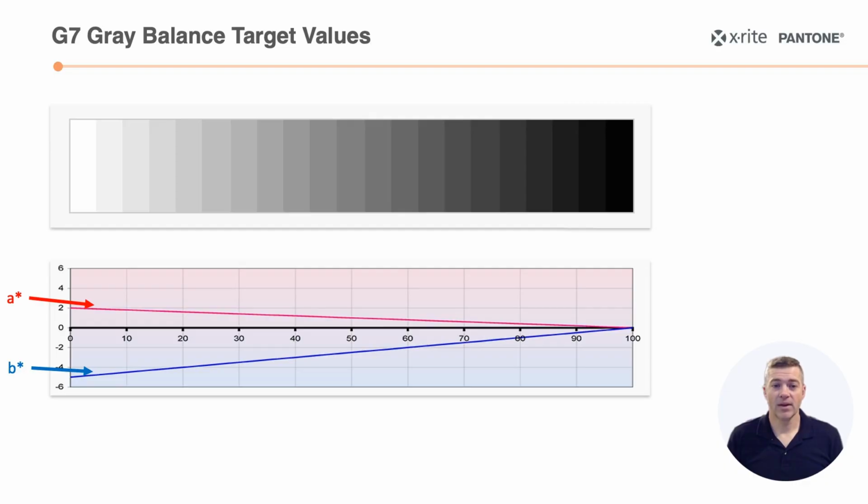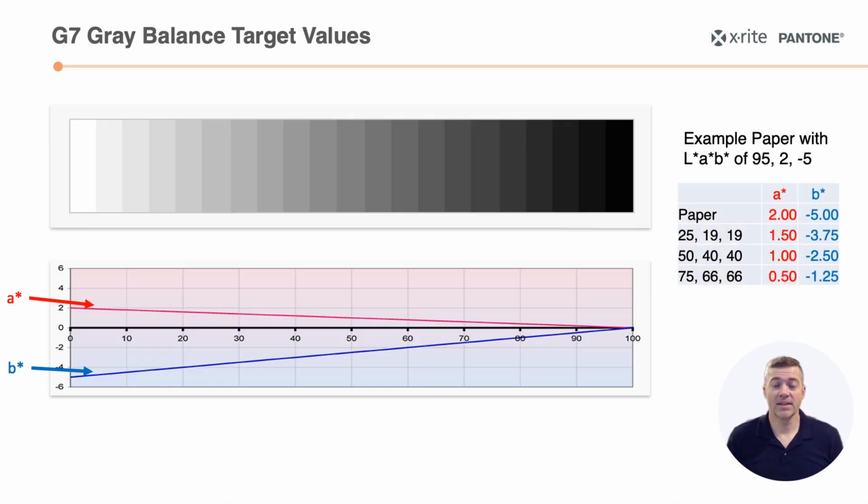Gray balance target values are calculated to minimize the impact of paper color, from the highlights all the way to the shadows. In this example, we're working with a paper that has a LAB value of 95, 2, and -5. As we move across the tonal range, you'll notice that the A and B values shift closer to neutral.